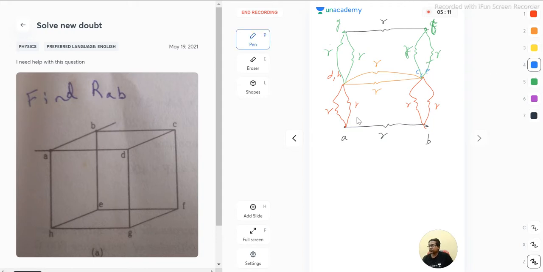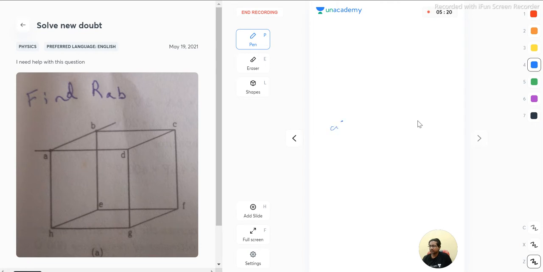So if we solve this, this is R by 2, this is R by 2, this is R by 2, this is R by 2, this is R by 2. That means this is point A, this is point B, connected by resistance R, and this is R by 2, and this is also R by 2, and this is R by 2 as well.